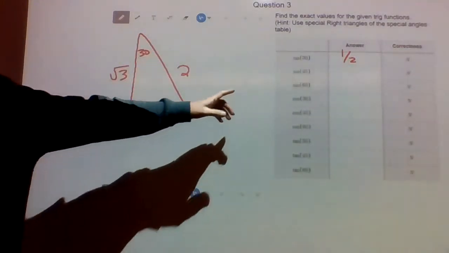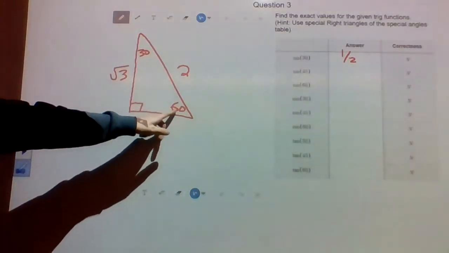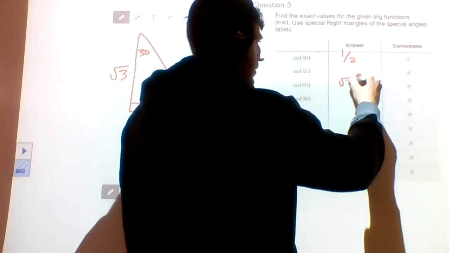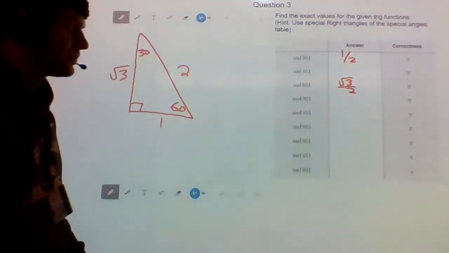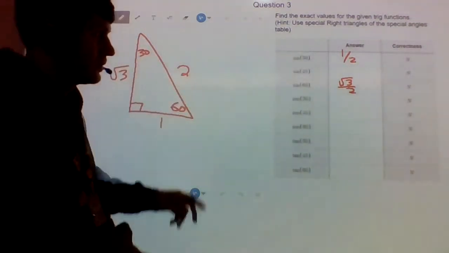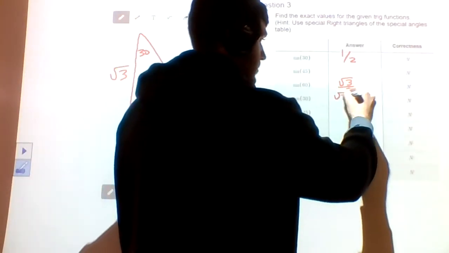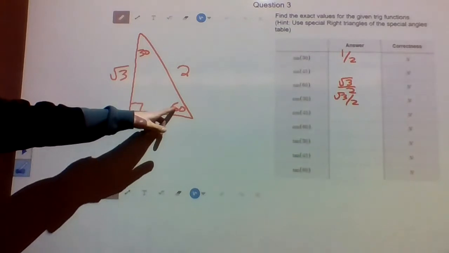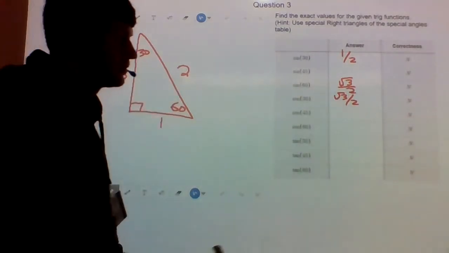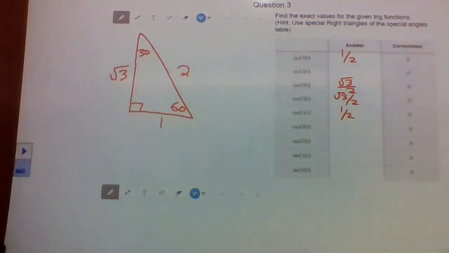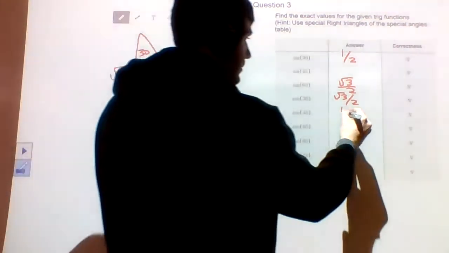The sine of 60 is square root of 3 over 2. Cosine of 30 would be square root of 3 over 2. Cosine of 60 would be 1 over 2. Okay. I'm sorry, cosine of 60 is 1 over 2.